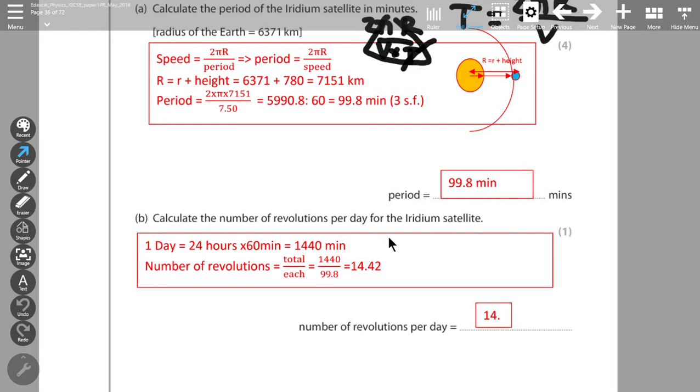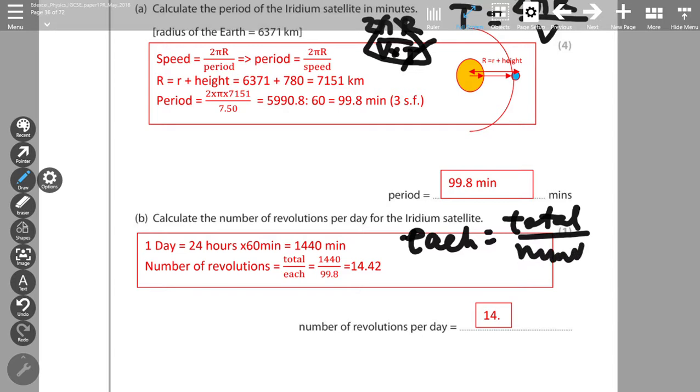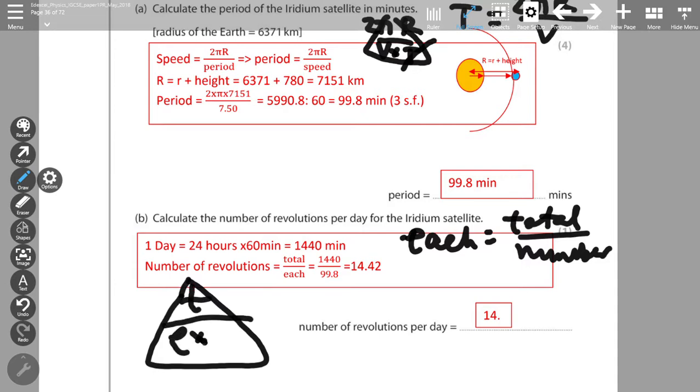Calculate the number of revolutions per day for the Iridium satellites. So 1 day is so many minutes. So there is a formula. Total, each, number. Each equals total divided by number. So if we draw a triangle: total, each, number.